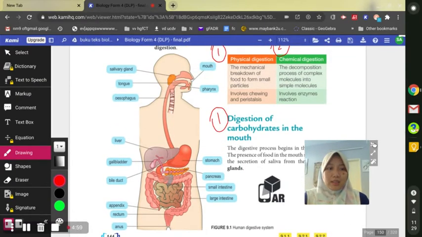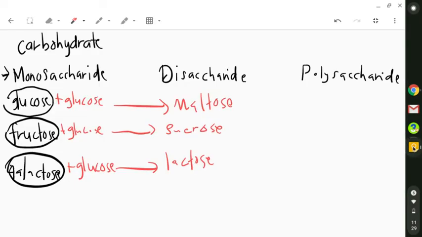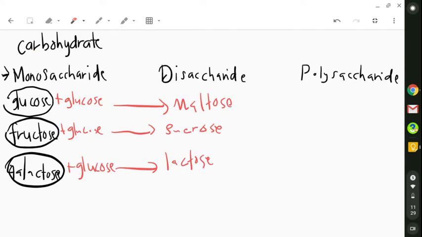Okay, let's look here. Carbohydrate is made up of monosaccharide. Mono means single, one. This is the simplest form of carbohydrate, which is monosaccharide.